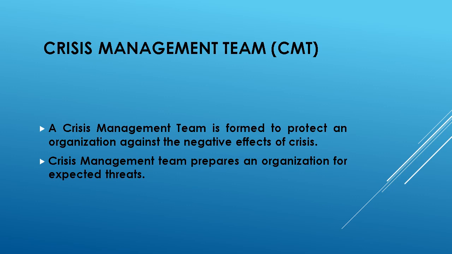It is formed to respond immediately to the warning signals or signs of the crisis before the crisis happens. So the team prepares the organization to expect the threats and to try to contain the situation once the crisis happens.